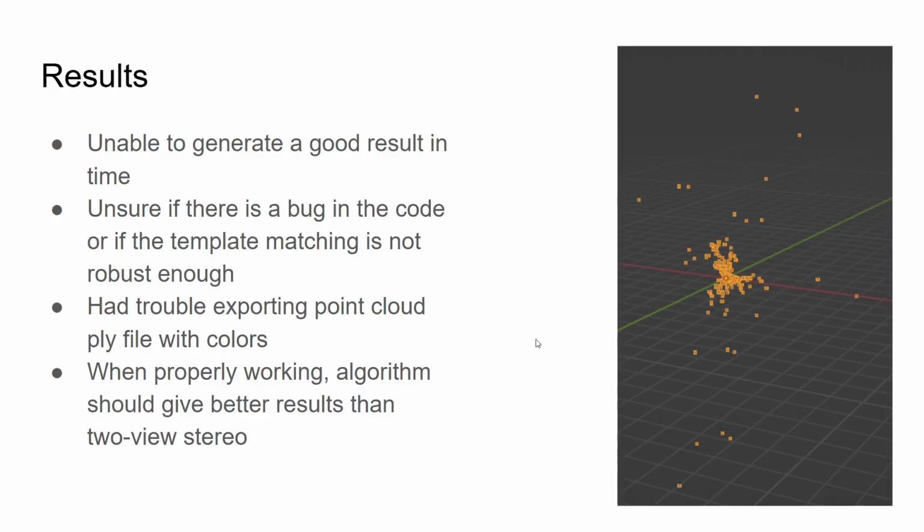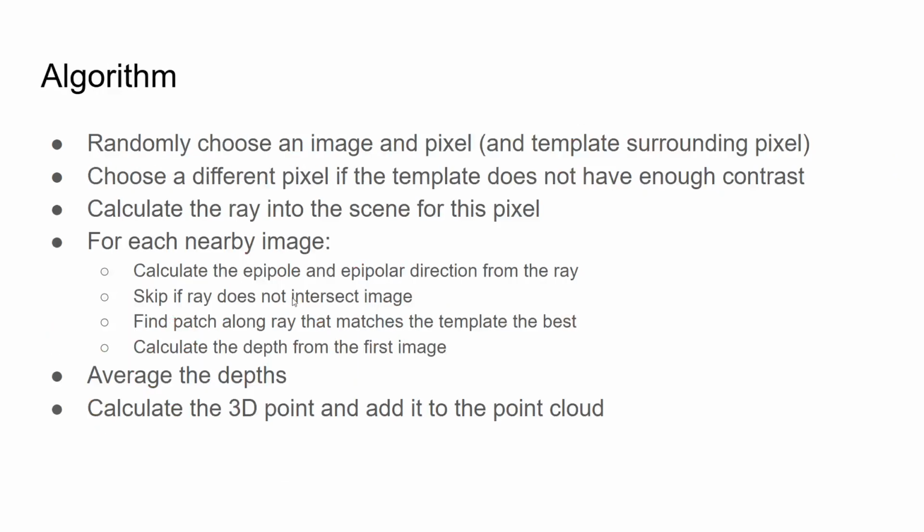Unfortunately, I was unable to get it to generate a good result in the time we had for this project. I'm not sure if it's because I have a bug in my code somewhere that I haven't been able to find, or maybe the template matching that I've been using is not robust enough, because the way I've been finding the best match is just by a distance metric.